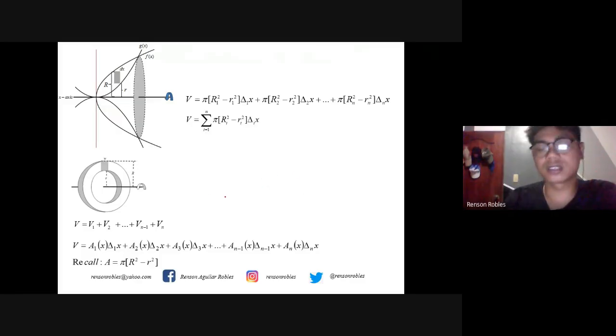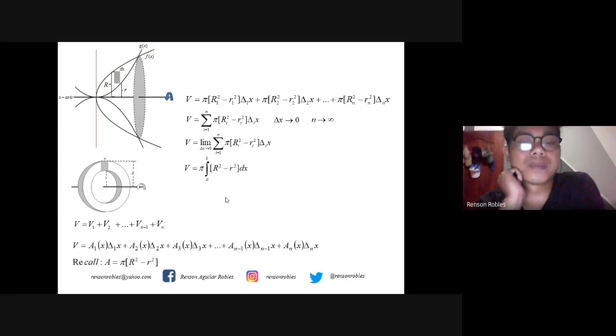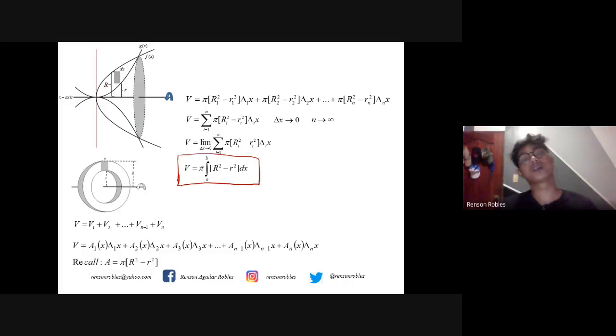Just the same thing when we use infinitely many rings, the height will become thinner and thinner and approach 0. Then we can write it in limit form, and this can now be written in integral notation of this form: integral of capital R square minus small r square dx evaluated from a to b. And this is the formula for the volume of solid of revolution by ring or the washer method.